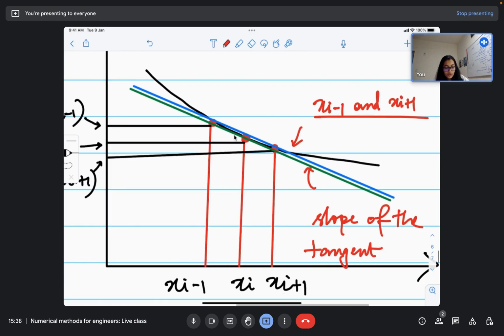So either you compute the slope exactly at the point, which is what the tangent does, and which you could do if you had the analytical expression for the derivative. If we do not have that, then we estimate it by the central difference formula, obtained by joining these 2 points and getting the blue line. The blue line's slope is almost similar to that of the tangent at the point where we want to find the derivative.